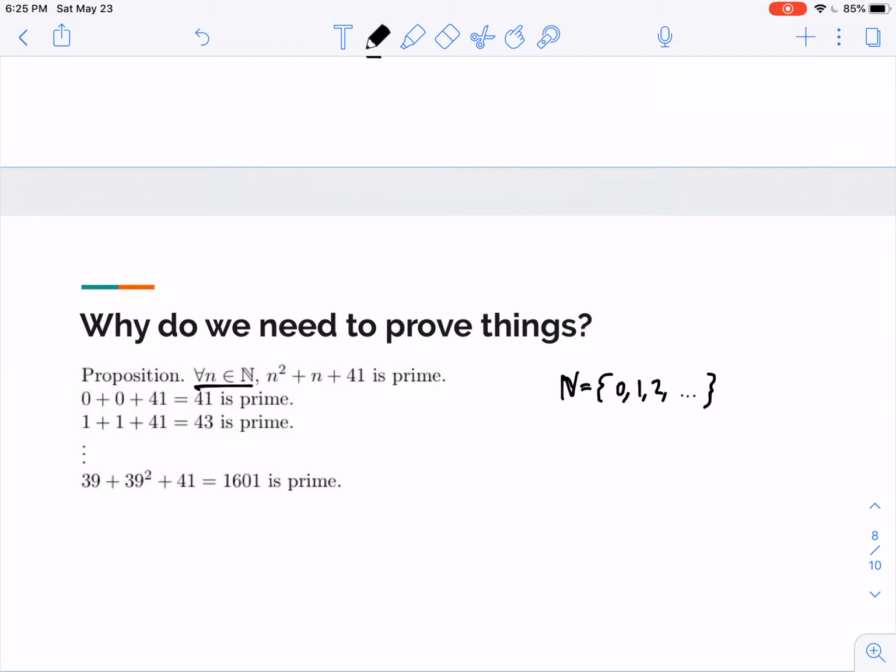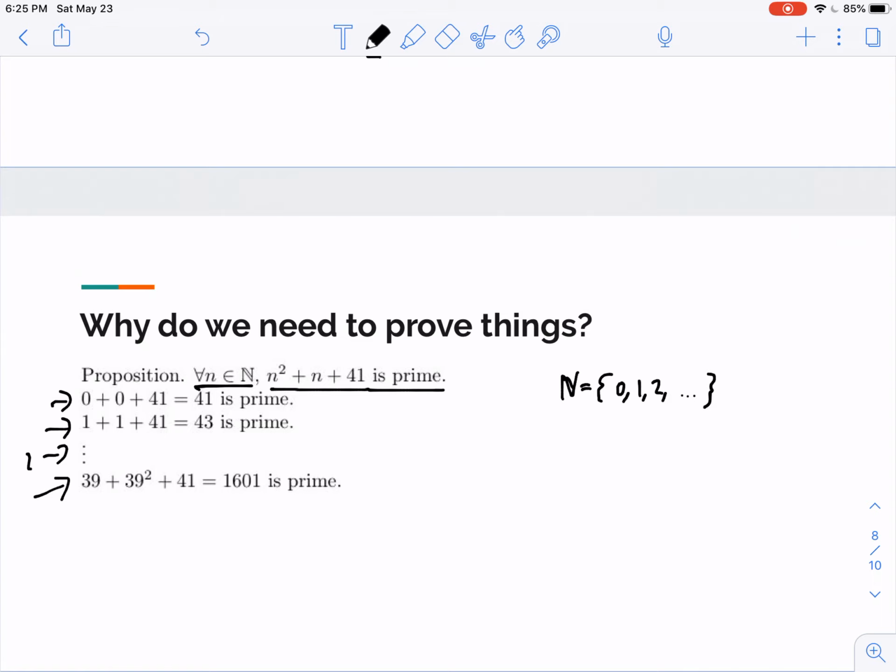And so we're saying for any natural number, this quantity, n squared plus n plus 41, is prime. And if we just try stuff, it kind of looks like that's true. If you try 0, you get 41, that's prime. Try 1, you get 43, that's prime. You keep trying numbers like 2 all the way up to 39, and it's still prime. 39 plus 39 squared plus 41 is 1601, which you could just take my word for it. It's prime, or you can look it up.